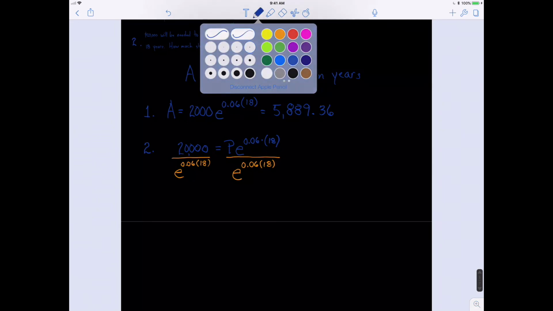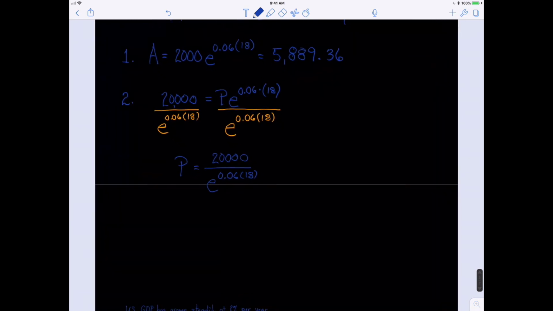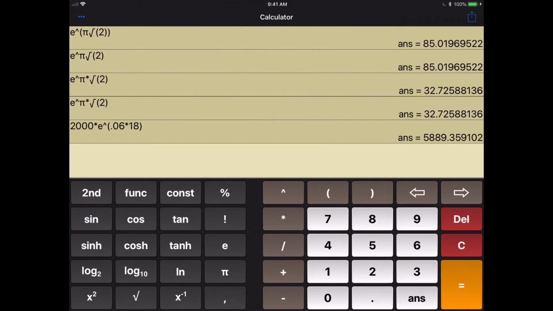And I'll show you how we do this. So now P is going to equal the 20,000 divided by e raised to the 0.06 times 18. Okay, so now let's put that all in the calculator. So here's how we would do that.